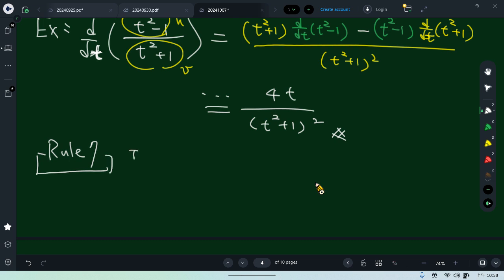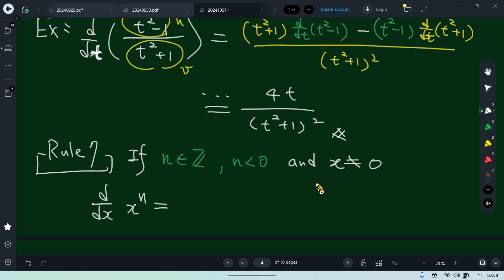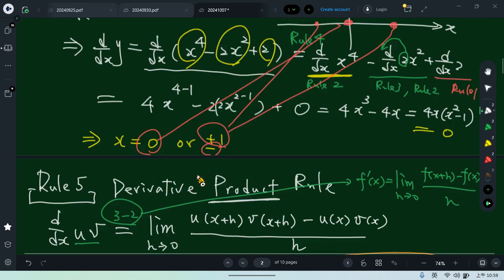Rule number 7 is, if n is an integer and n is negative and x cannot be 0, the result will still be, when we differentiate x to the power n, n times x to the power n minus 1. So you can see rule 7 is almost the same as rule 2.